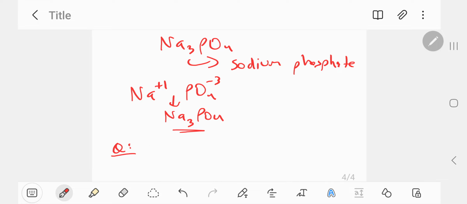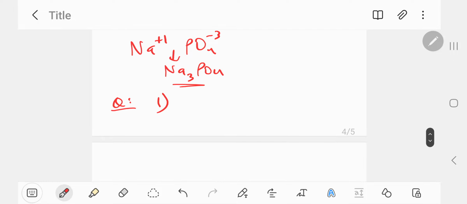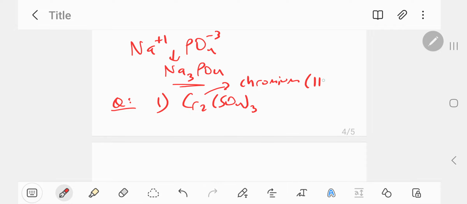I'll give you some questions to do. I want you to name these compounds. Suppose in this case chromium has a charge of +3. Number 2, silver.